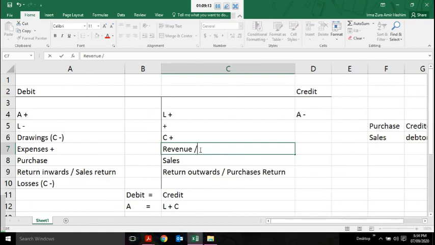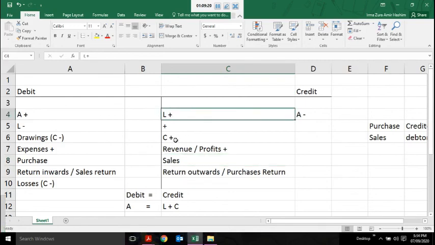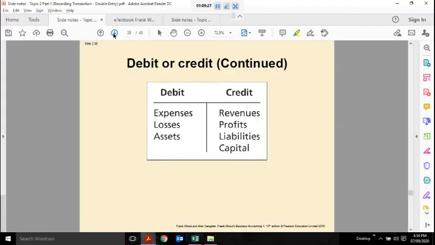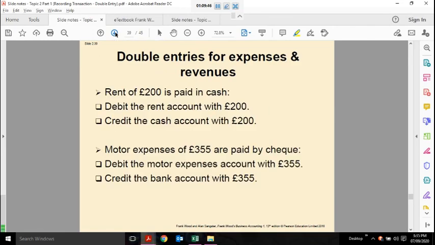Whenever you have increased liabilities and capital, do not forget these two as well. So when the expenses increase, you should record it on debit. If it decreases, then you should record it as credit. When you want to memorize, make sure you memorize when they are increased. If it's decreased, then it should be the other way around.